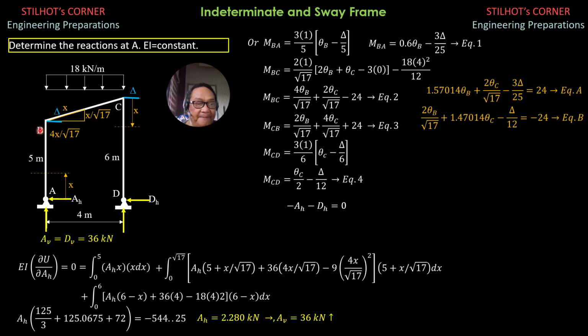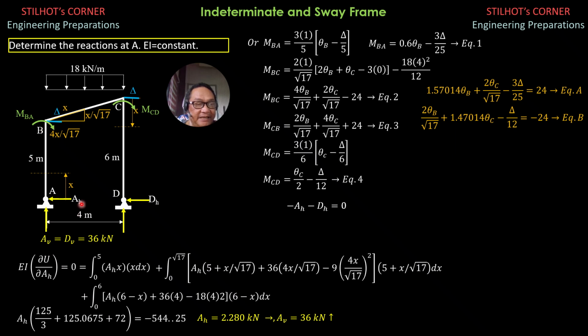So if we apply the moments MBA and MCD, which are assumed clockwise positive, by slope deflection, we have negative AH equals 1/5 of MBA, because AH times 5 plus MBA equals 0.